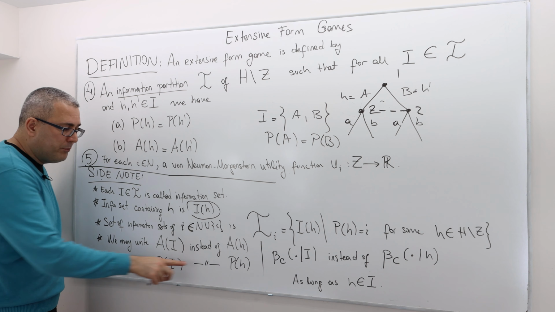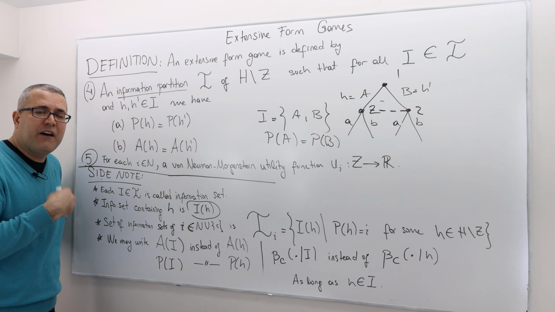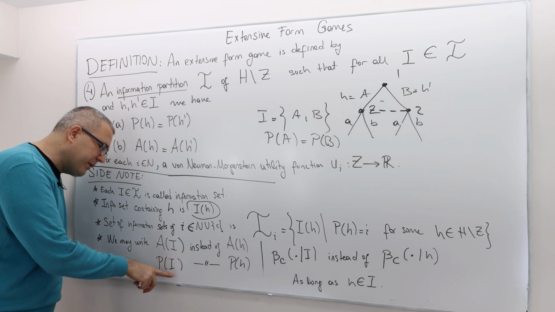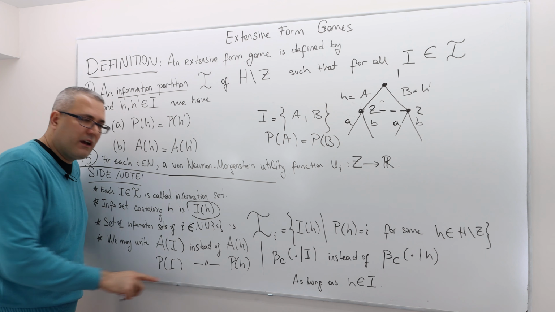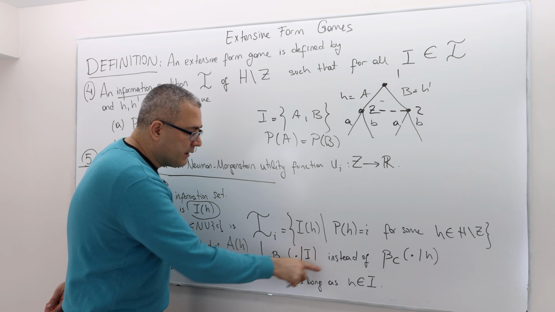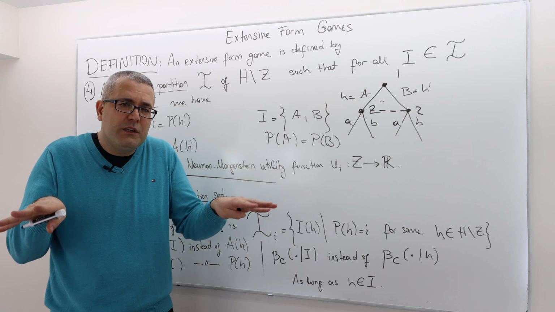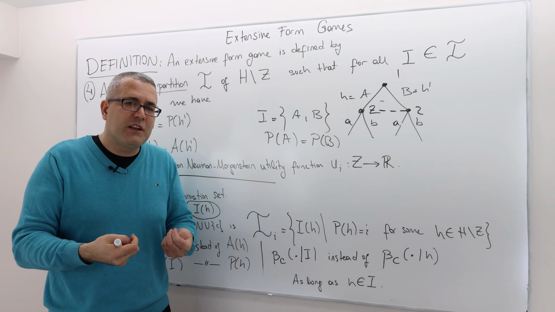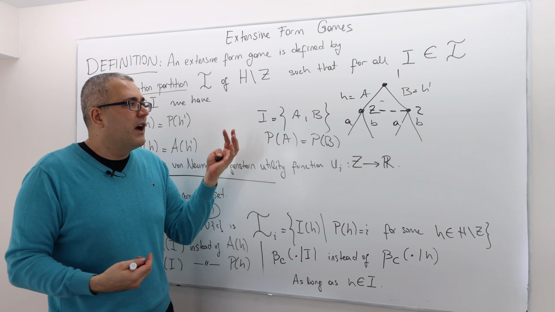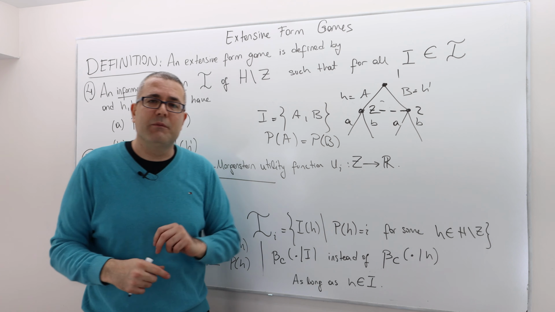Or instead of using P of H, I can use P of I, the player who is going to move after the information set I, or after the history H which belongs to info set I. Or the nature's probability distribution over available actions after history H, we can denote it after information set I, again, as long as H is an element of I.